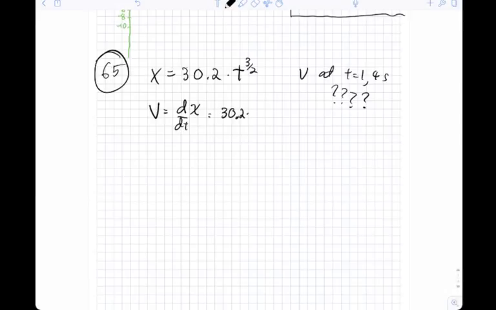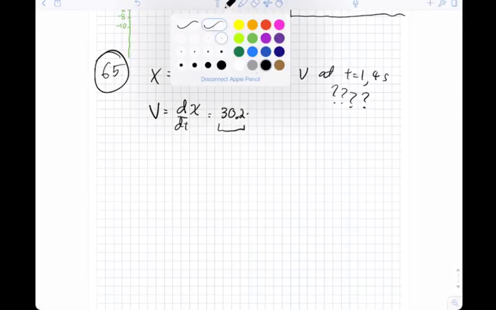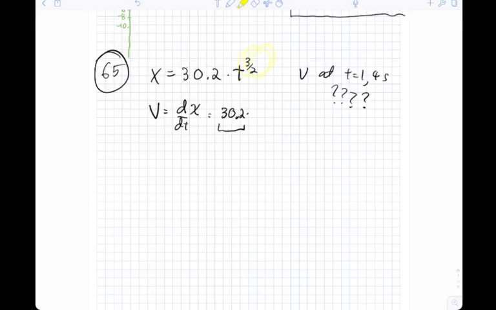So the power law says ignore coefficients, I'll just leave that aside. It says take the expression in the exponent and bring it down out front, 3 over 2, and then subtract 1 from it. So 3 over 2 minus 1 is 1 over 2.